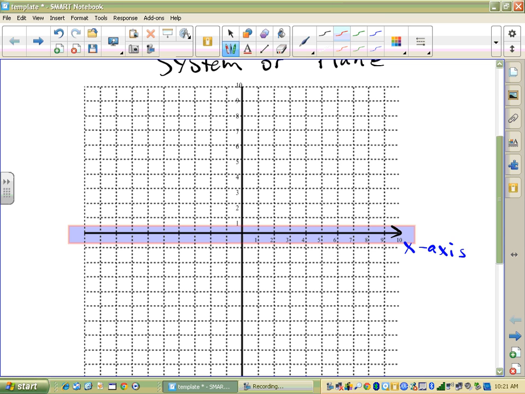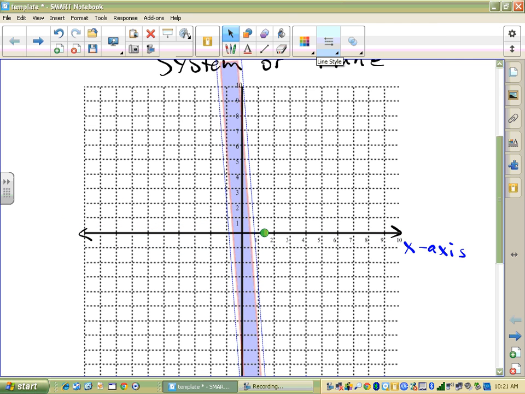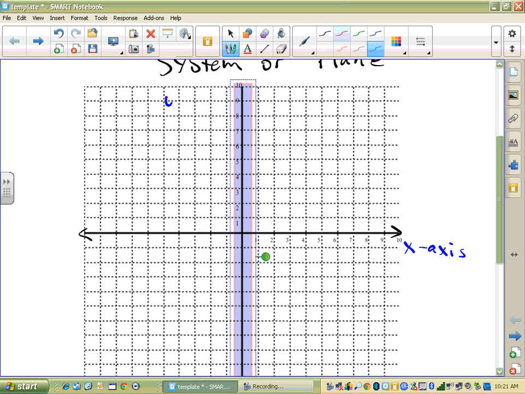Technically, it is a number line. Similarly, if I take this and rotate it like so, we've got the y-axis. And again, notice that it also has a number line. Since it's a number line, there should be arrowheads on the end of it.